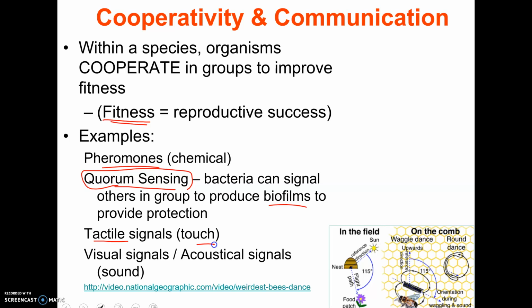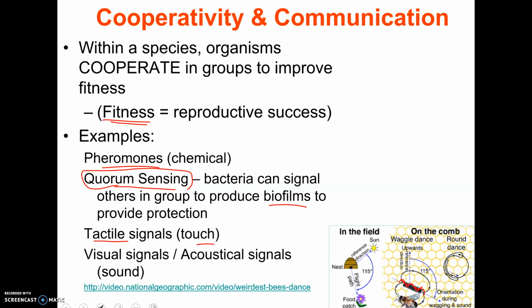Tactile refers to touch. A good example of that is bees. The way that bees tell other bees in a hive where the food is: when they find food, they come back to the hive and they do this dance called a waggle dance. And the other bees actually feel them doing this dance, and the angle of the dance and the number of waggles basically tells the other bees where the food source is, how far away, and it's in reference to the sun.